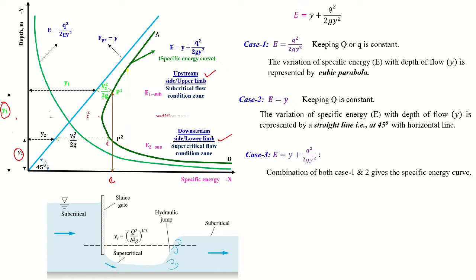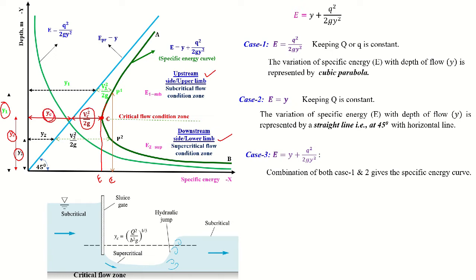Now when both depths, y1 here and y2 at a downstream section, meet or coincide at the same point, this is called your critical zone, where the specific energy is minimum and the depth is yc. That is called your critical depth. Here the velocity is your critical velocity.